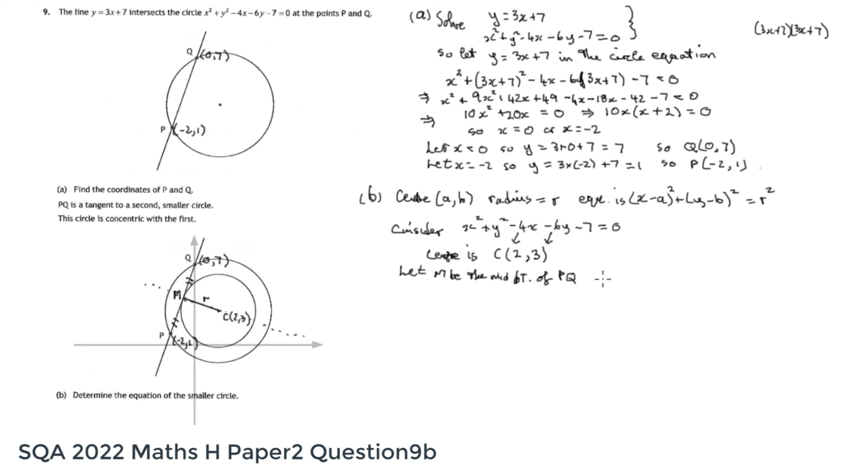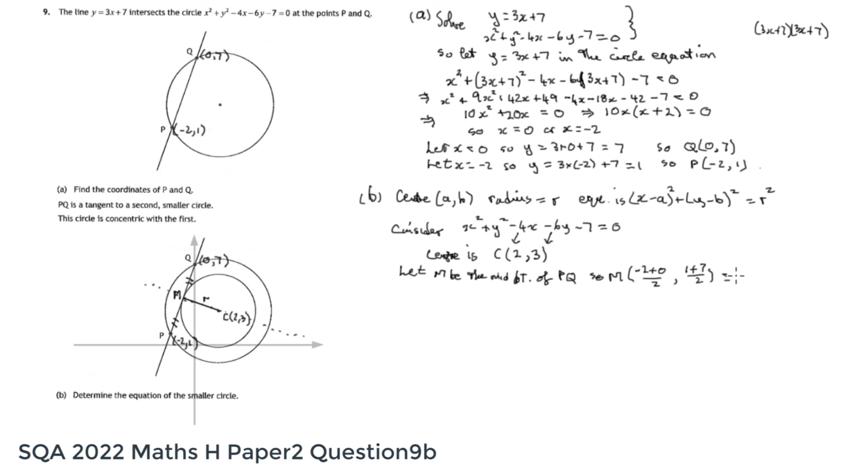Let M be the midpoint of PQ. So what are the coordinates of M? Well, we take the average, the mean of the x coordinates, add them up, divide by 2, so it's negative 2 plus 0 over 2. And we do the same for the y coordinates, 1 plus 7 divided by 2.